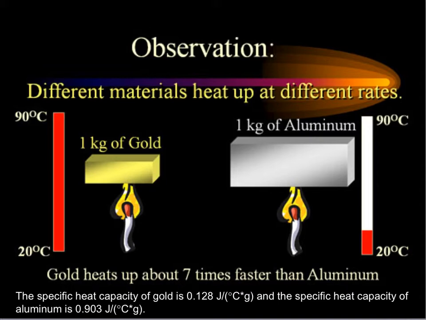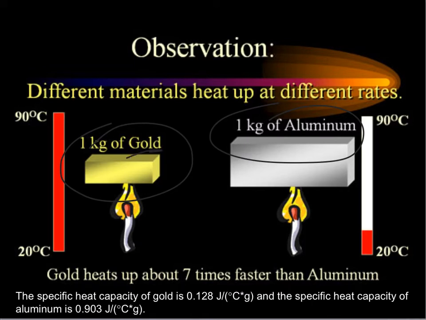And it turns out that gold is very much more sensitive than aluminum to temperature changes. So think for a minute, cover up the bottom of the slide, don't look at it. Which one of these, gold or aluminum, has the lower specific heat capacity? See if you can remember what I've said the past couple slides and make that prediction.